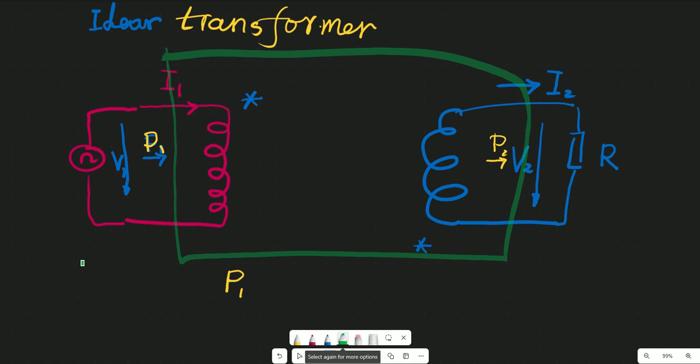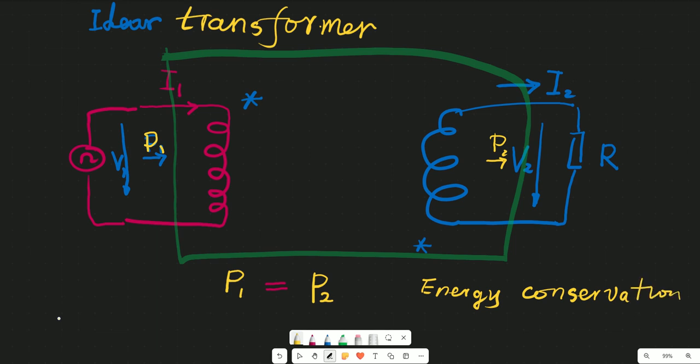The input power should equal the output power. This is clear in an ideal transformer: the input is equal to the output. This is the energy conservation law for the transformer.